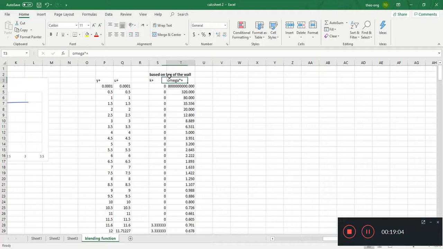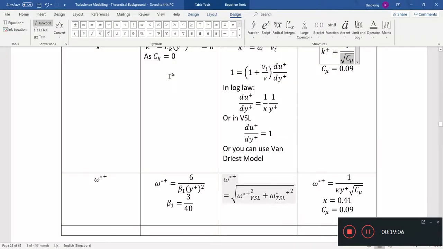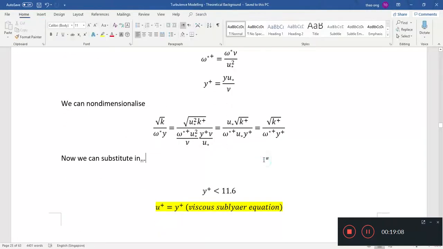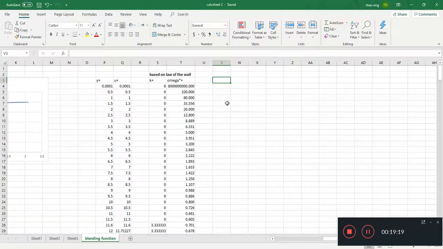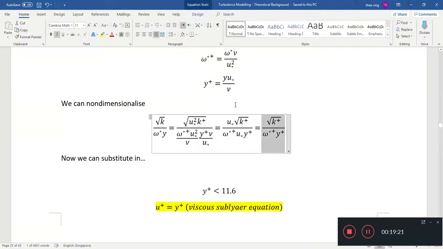Now we have this, it's easy to get this first function: square root of k plus over omega star plus times y plus.